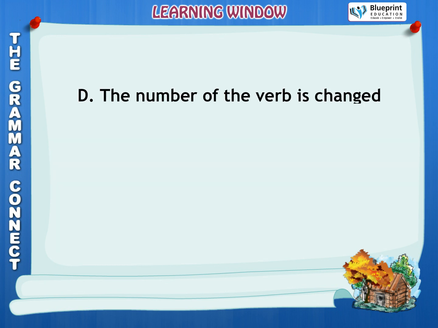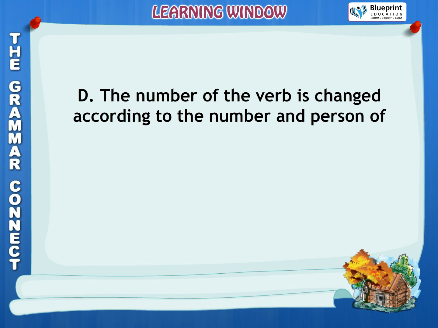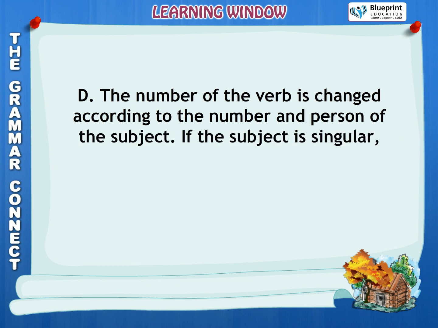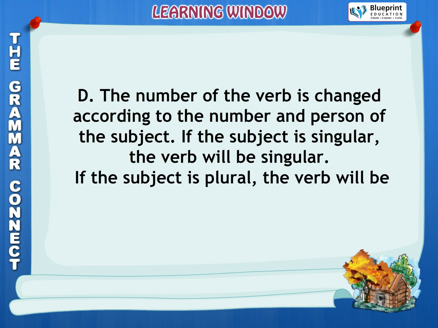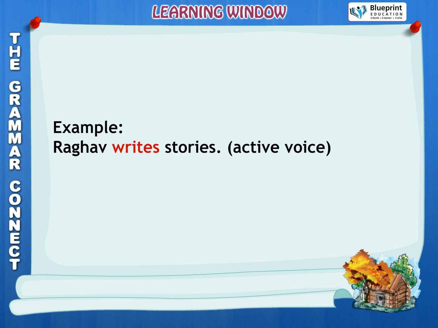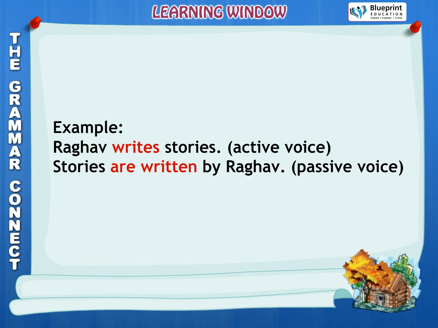Passive voice. D. The number of the verb is changed according to the number and person of the subject. If the subject is singular, the verb will be singular. If the subject is plural, the verb will be in the plural form. Example, Raghav writes stories. Active voice. Stories are written by Raghav.